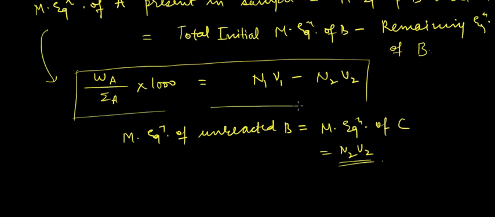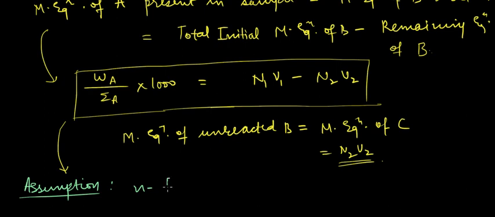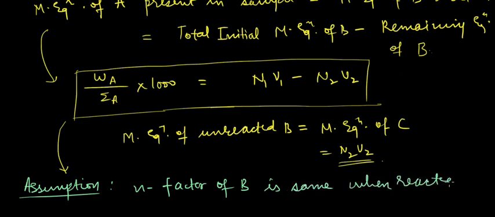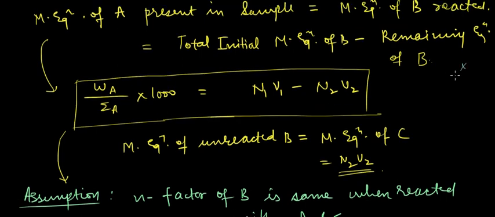This formula is under the assumption that the n factor of B is the same when reacted with A and C. Had the n factor been changed, we cannot assume this.